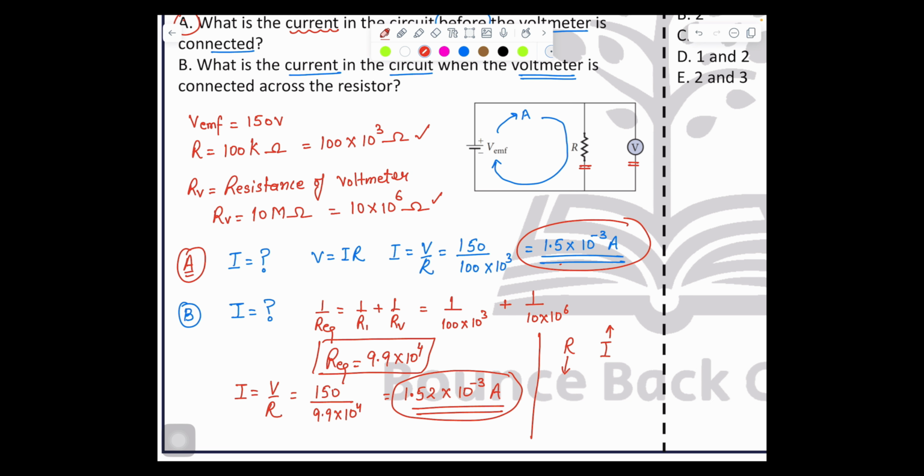Whenever we place the voltmeter, the overall resistance of the system declines. Always remember, whenever we add a voltmeter to the system, the overall resistance declines and current will increase. This is something very, very important in case of voltmeter.